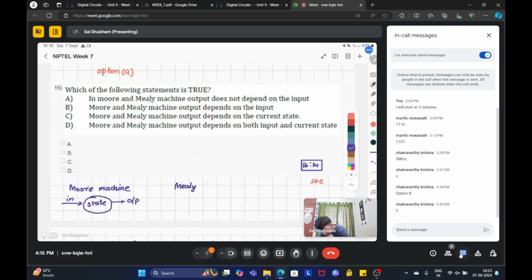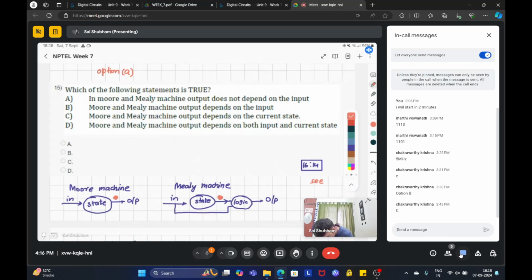In Mealy machine, the input updates the state, and the new state and the input both go into some logic which gives the correct output. So option C says that Moore and Mealy machine output depends on the current state, which is true. So this instant is your current state. This is your current state. So in both the machines, you can see that it is dependent on the current state.